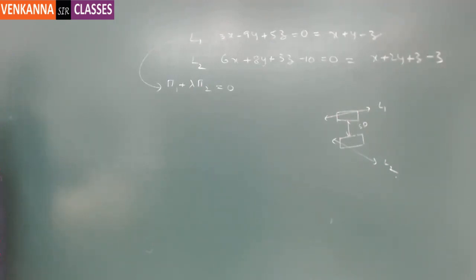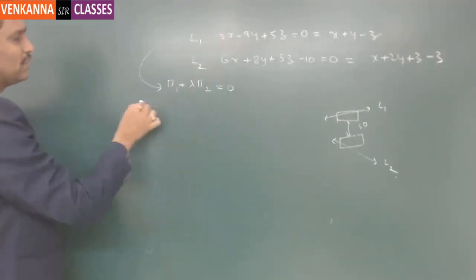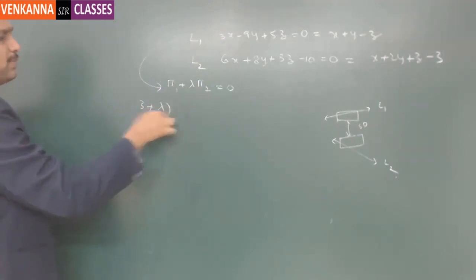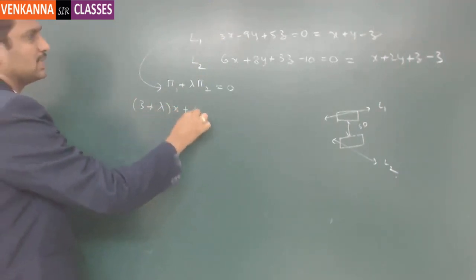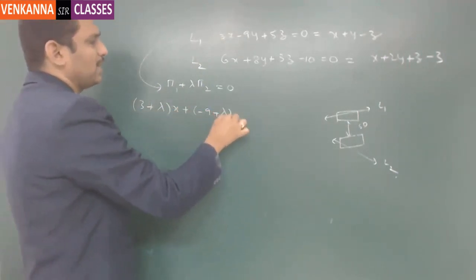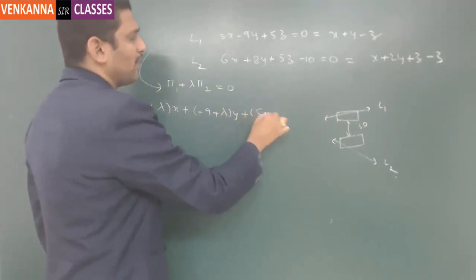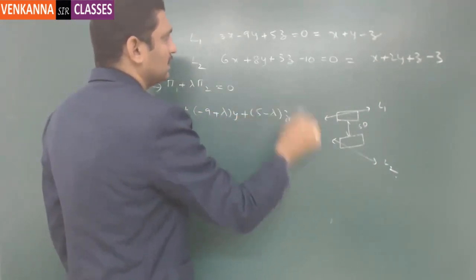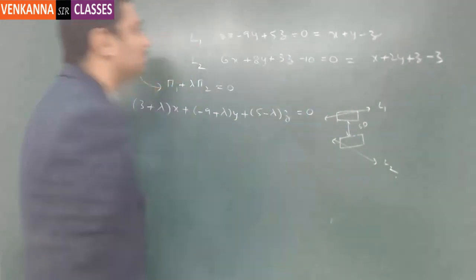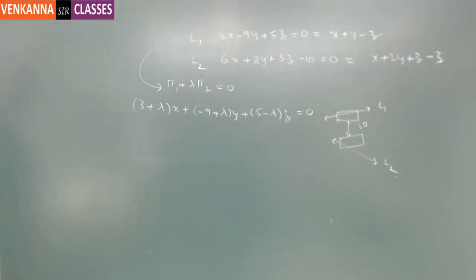Okay. Taking the x coefficient, (3 plus lambda) into x plus (-9 plus lambda) into y plus (5 minus lambda) into z equal to 0. So this is the plane equation passing through L1.